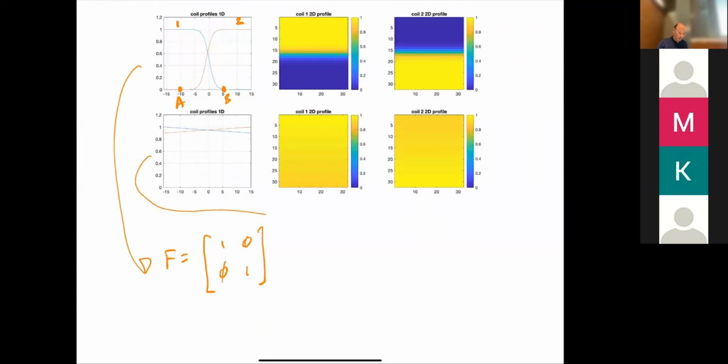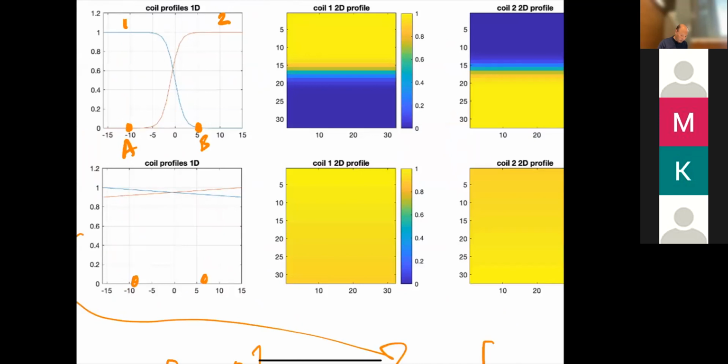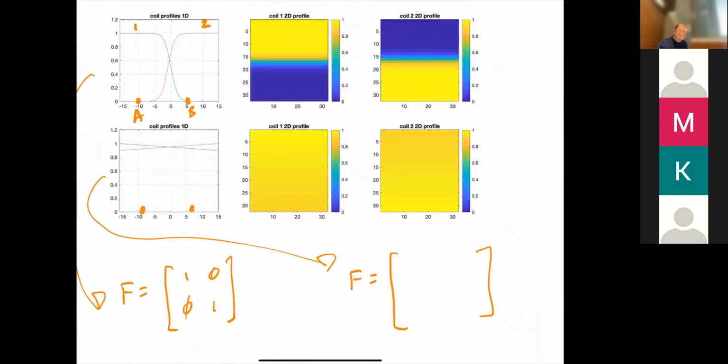Whereas if I look at this one, let's look at the F vector here. Let's take some points A and B. Eyeing it, at that point it's maybe 0.97, maybe 0.92 or something.